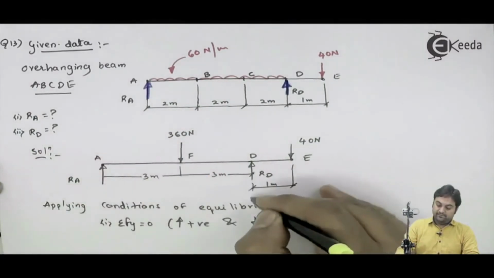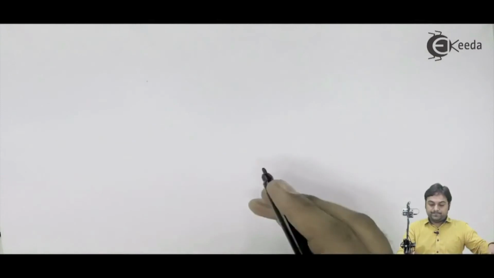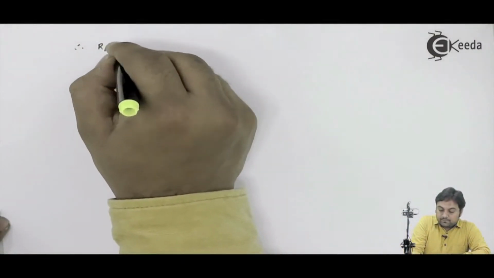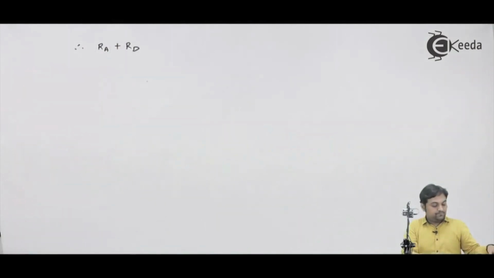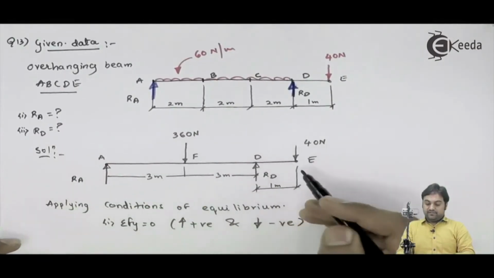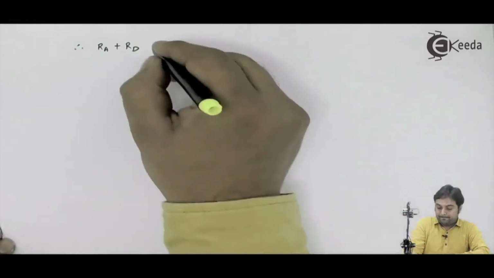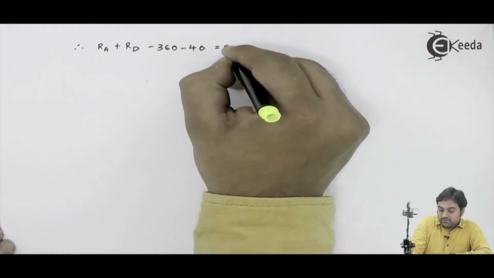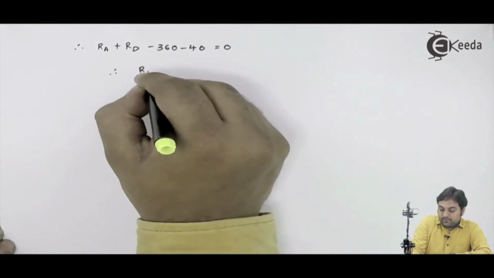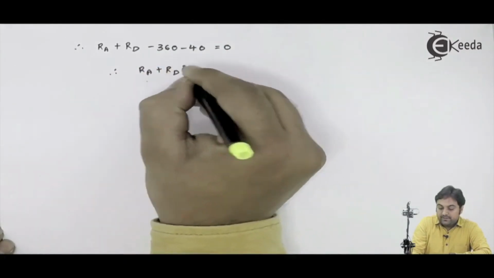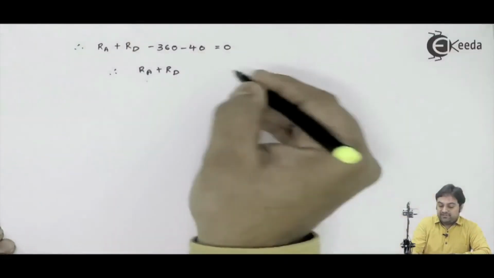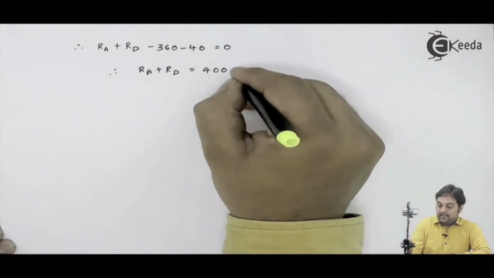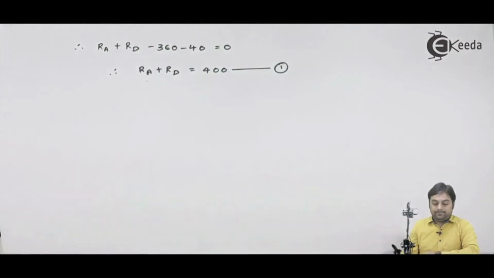Therefore, Ra plus Rd minus 360 minus 40 is equal to 0. Therefore, Ra plus Rd is equal to 400. I'll keep this as my equation number 1.